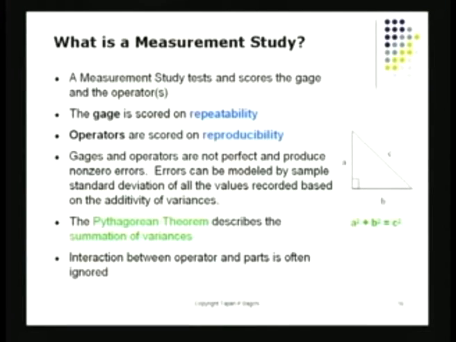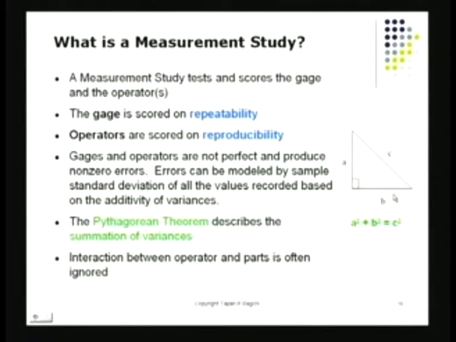That actually says this, that the total variation, and I'm going to be repeating this several times, I'm just going to call it C square, is the sum of component variation, one of which is A square plus B square is equal to C square. So this could be repeatability, and this could be reproducibility, and this is the total variation produced by the measurement system.